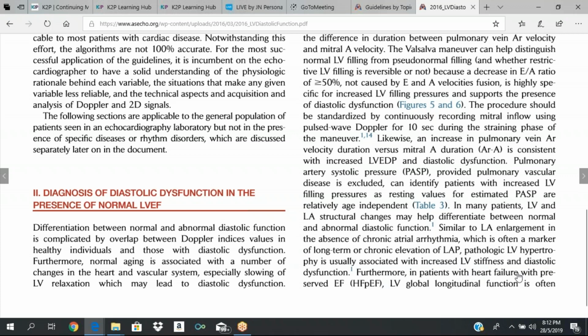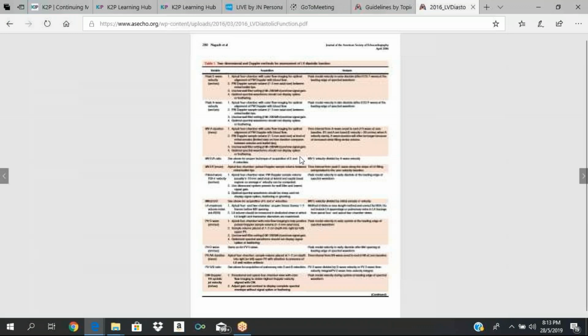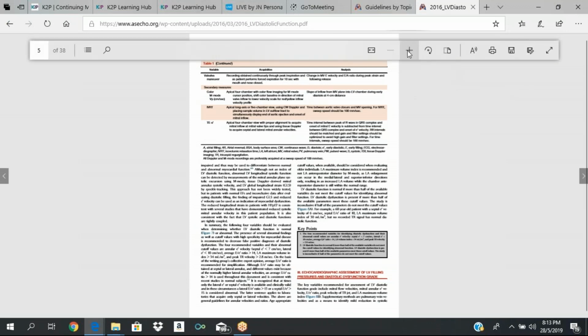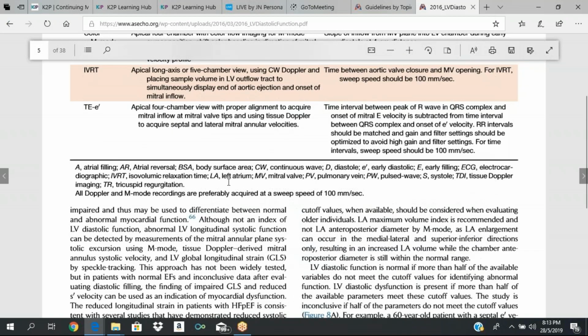Furthermore, in patients with heart failure with preserved ejection fraction, that is, they have heart failure, but the systolic function is normal, we call that heart failure with preserved ejection fraction, HFpEF.